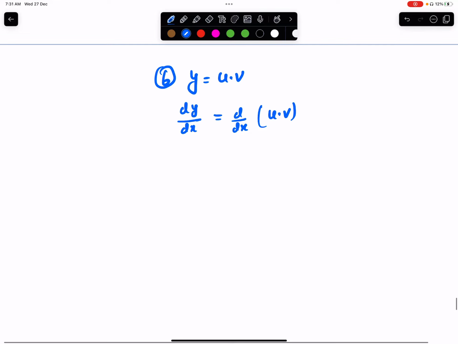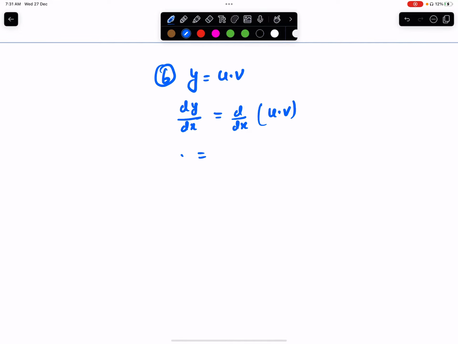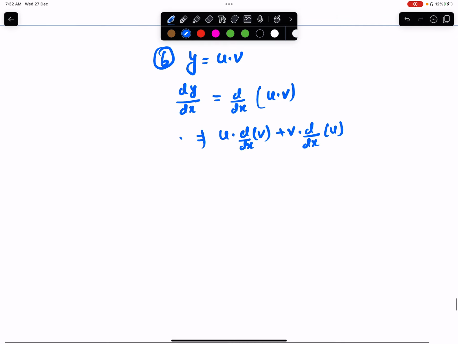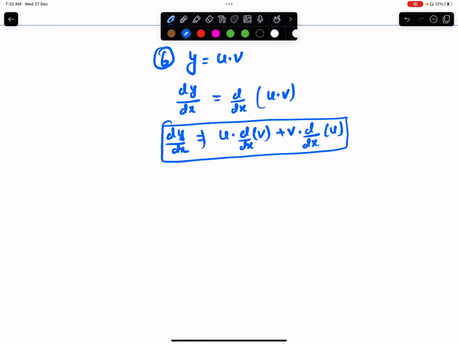The differentiation of this is u into d by dx of v plus v into d by dx of u. So this is the differentiation by the product rule. We have to remember this rule because it will be applicable very much in our economic applications. So let's see by an example how we solve questions for that property.